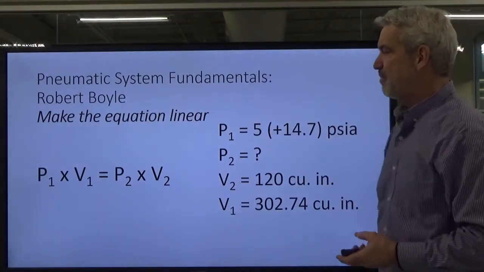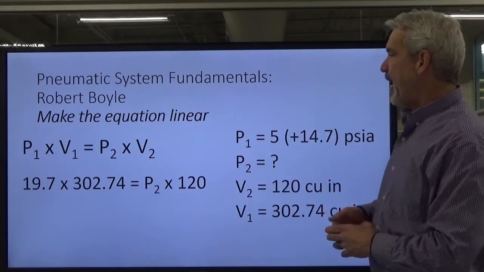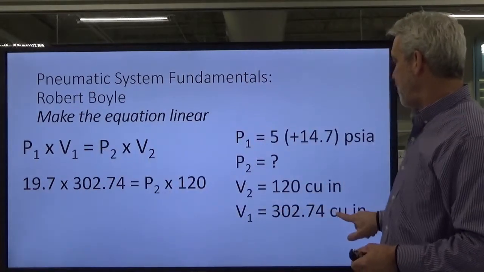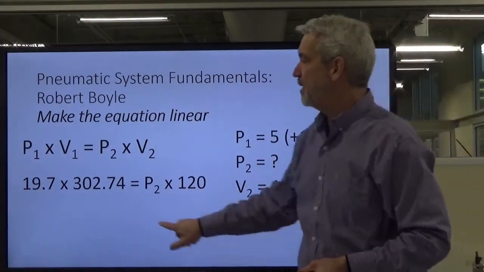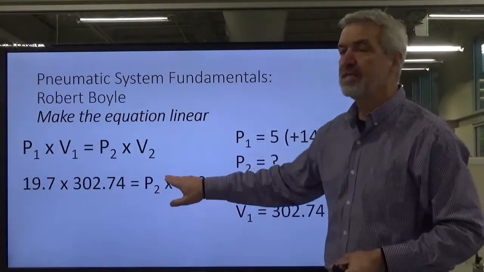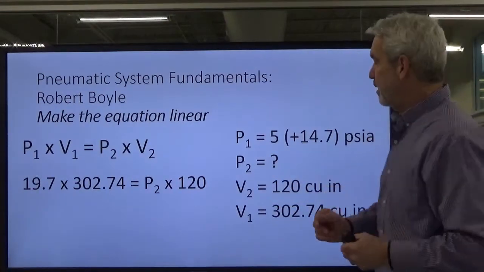So 5 plus 14.7, okay? Here we go. And then we have a volume that we started with at 302.74 cubic inches, right there. Just plug that in right there. Then we're looking to see what our pressure is. That's what we're looking for. P2 is what we're after. So we don't know it yet.